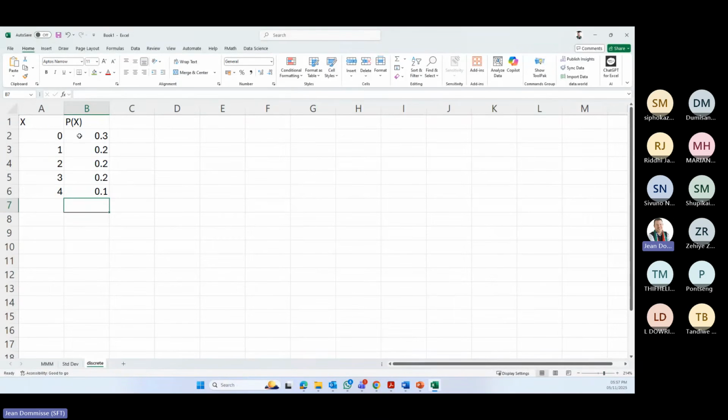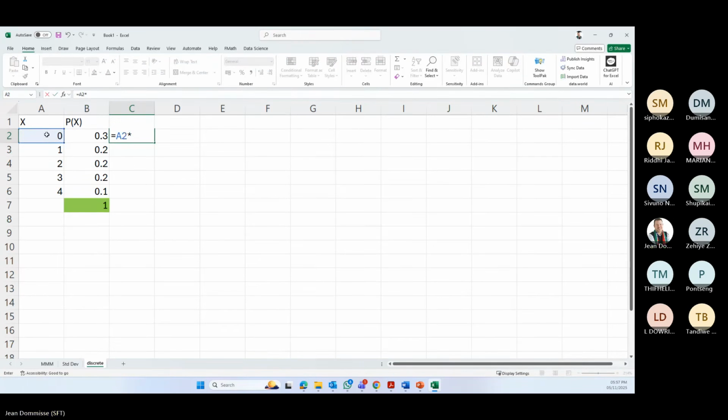One thing that you will always remember if you look at the total, the probabilities will always equal 1. So that's just a quick thing to check that something wasn't excluded. Then to work out the expected value, it is the x times the probability.